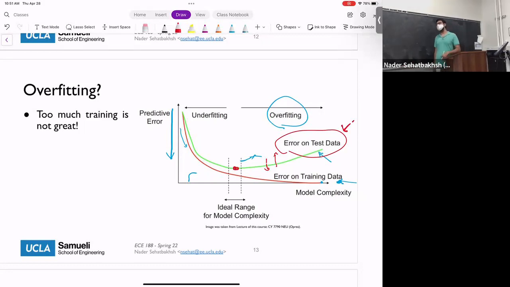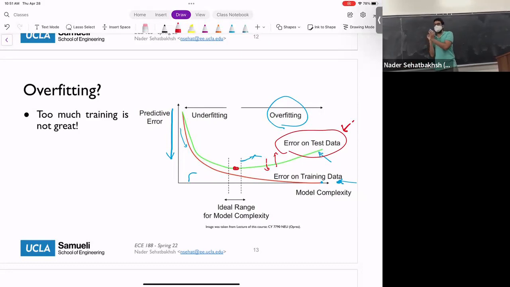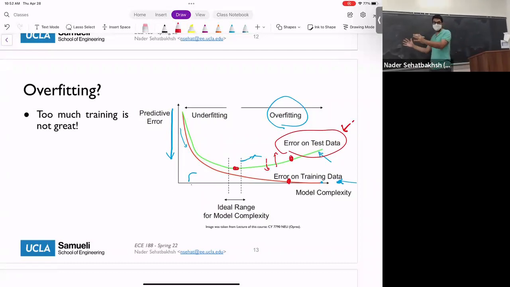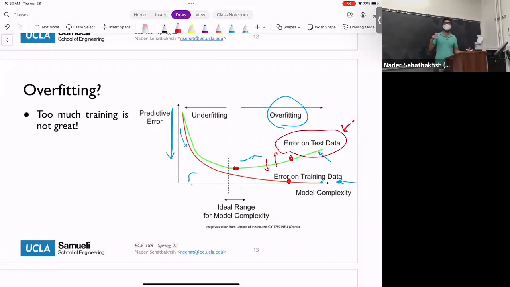The reason for seeing this overfitting is that, as the name suggests, your model overfits to the data set that it sees and cannot generalize to bigger data sets. Since the labels and inputs in the test set are different from these inputs here, your model overfits and tries to predict the training set perfectly instead of being more generic and predicting other things as well.